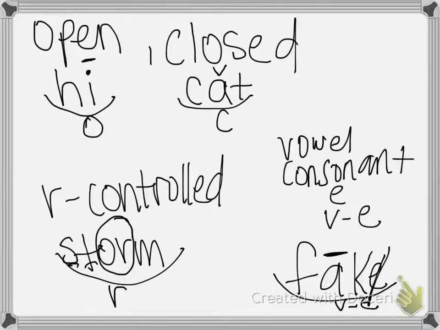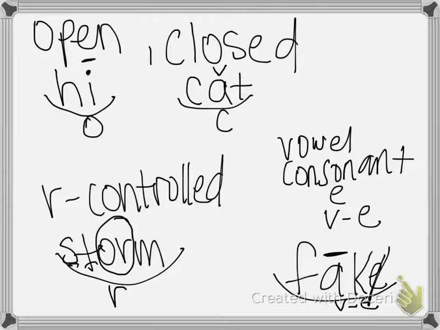Okay, so we're going to go through and mark up a ton of words together to practice these skills. And then I'm going to have you mark up 2, 4, 6, 8, 10, 12 words on your own. And they are big words, but I really want you to put everything you've learned to the test.